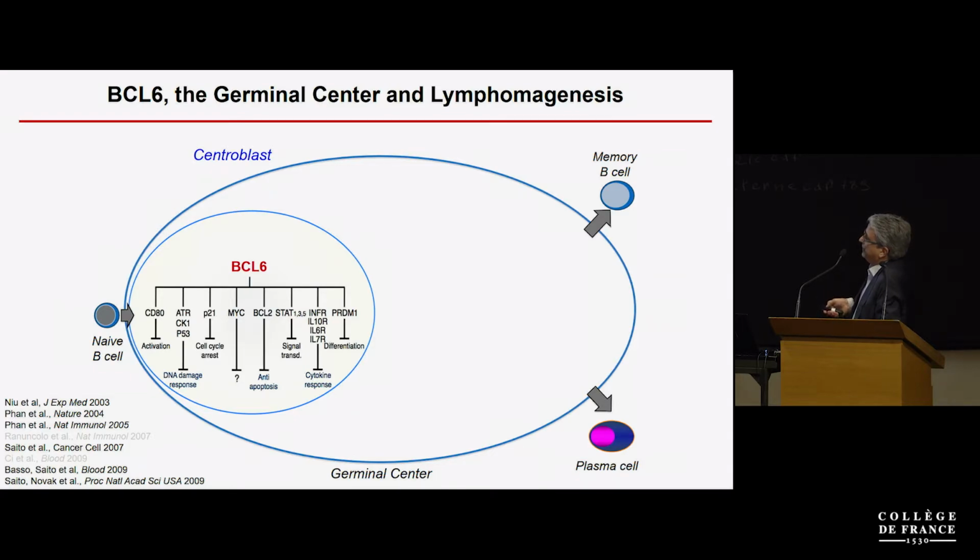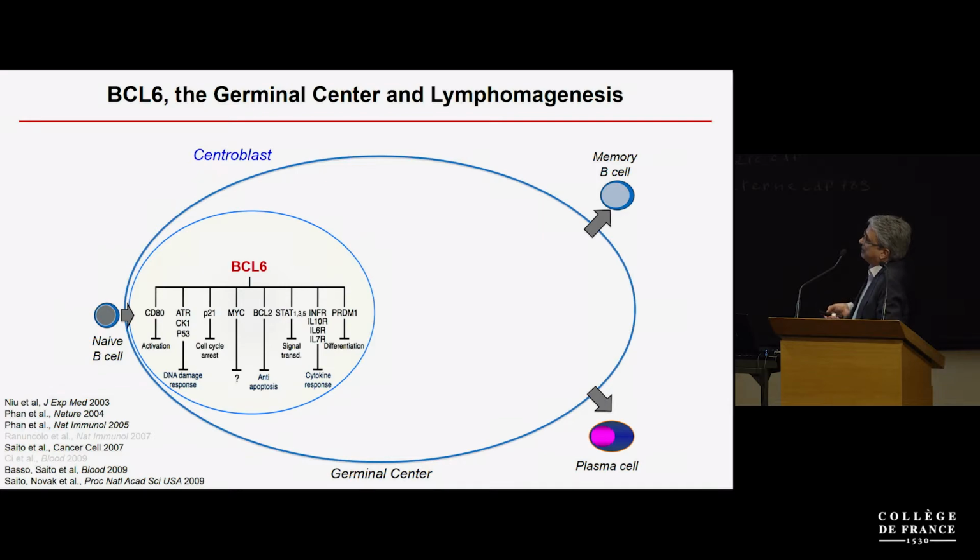So in the first phase, it modulates, through direct gene repression, the sensing and response to DNA damage, which we interpret as the necessity for the cells to allow a certain degree of genomic damage, meaning single and double-strand DNA breaks involved in hypermutation and class switch recombination.